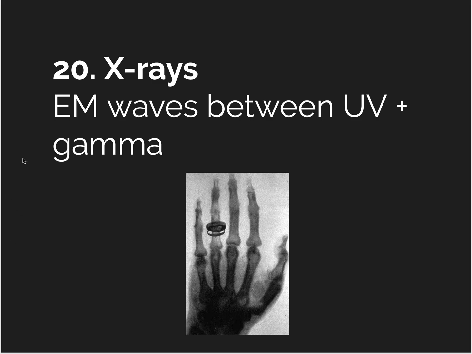Finally, X-rays. X-rays were discovered by Wilhelm Röntgen, and he didn't know what they were, so he called them X-rays, like a variable in algebra. And the name has continued here. So X-rays are electromagnetic waves between UV and gamma. So they're on that higher energy, higher frequency side of the electromagnetic spectrum. And this is the first X-ray that Röntgen took of his wife's hand.